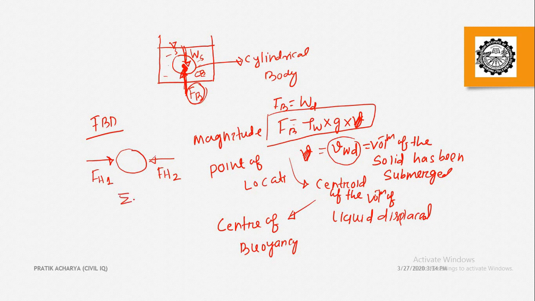If you find the net force in the horizontal direction, it will be equal to 0. So there is only one component of the hydrostatic force acting in the upward direction, that is the vertical hydrostatic force.